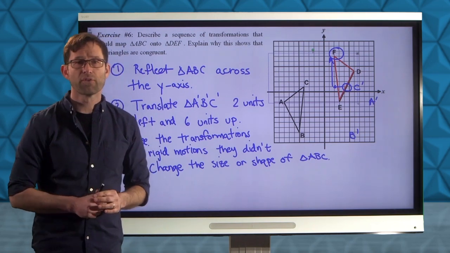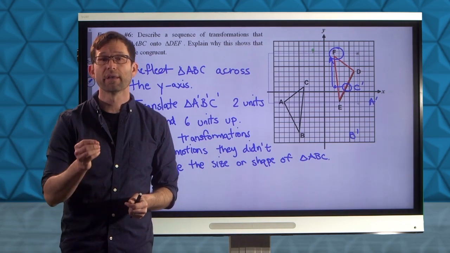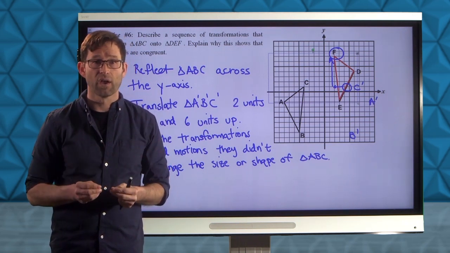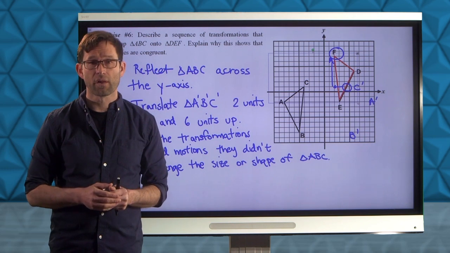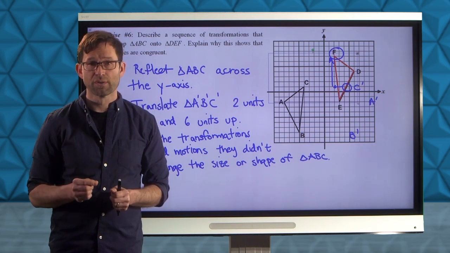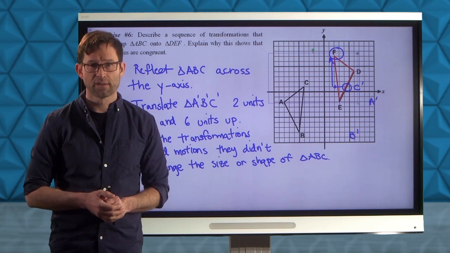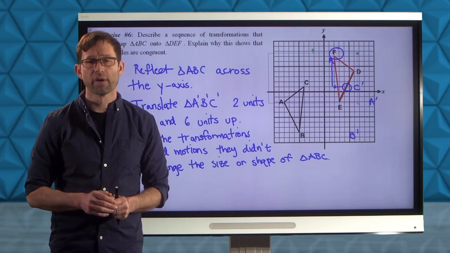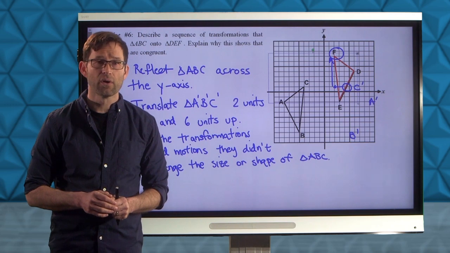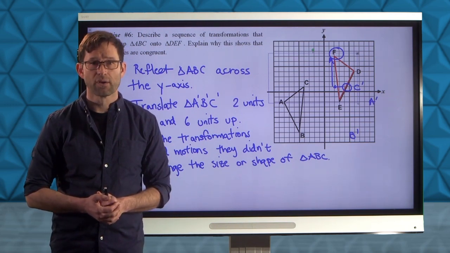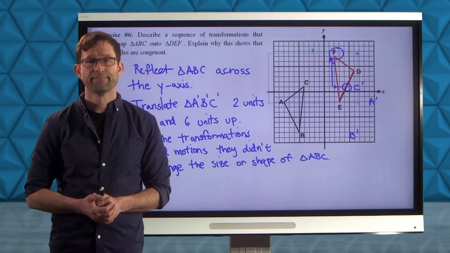If we had used some kind of a transformation like a dilation, which actually changes the size of the object, well, then we couldn't make the claim that they were congruent, because we had brought in a transformation that wasn't a rigid motion. There's lots of other transformations that aren't rigid motions either, but of the 4 primary ones that we've seen, the only one we've seen that wasn't a rigid body motion was the dilation.